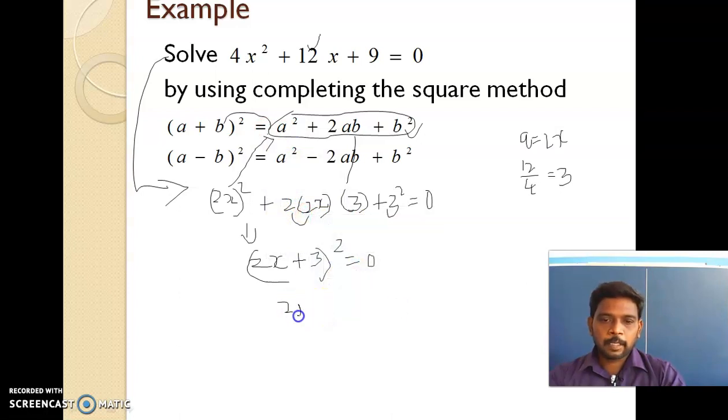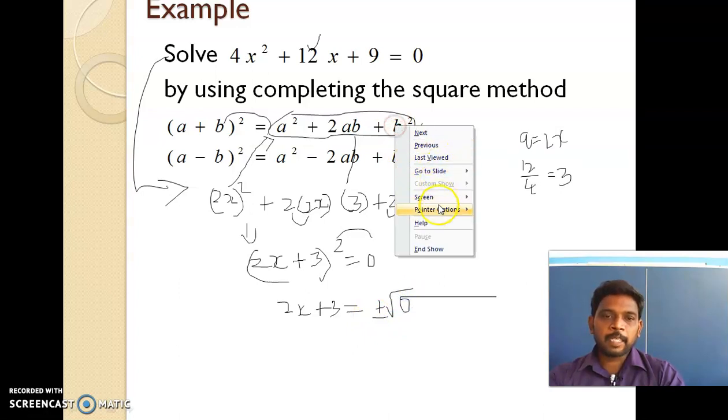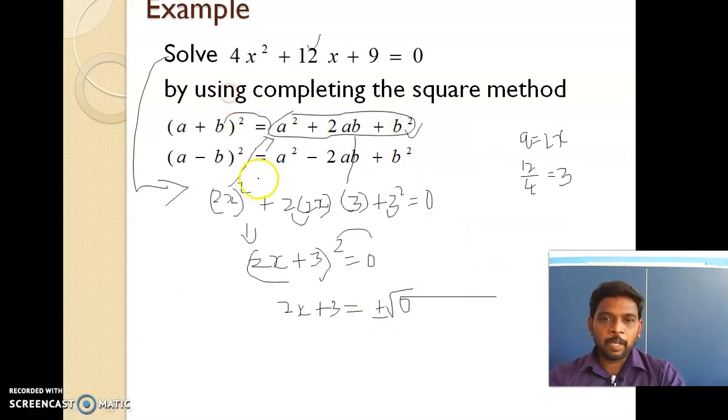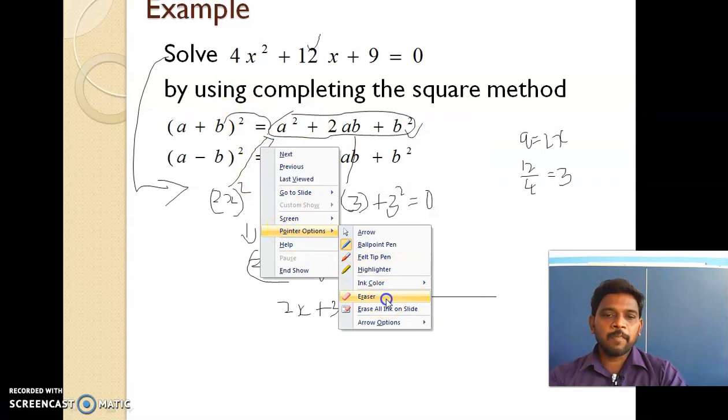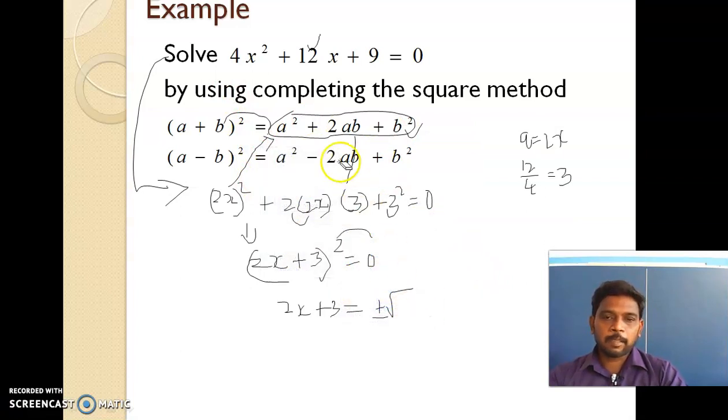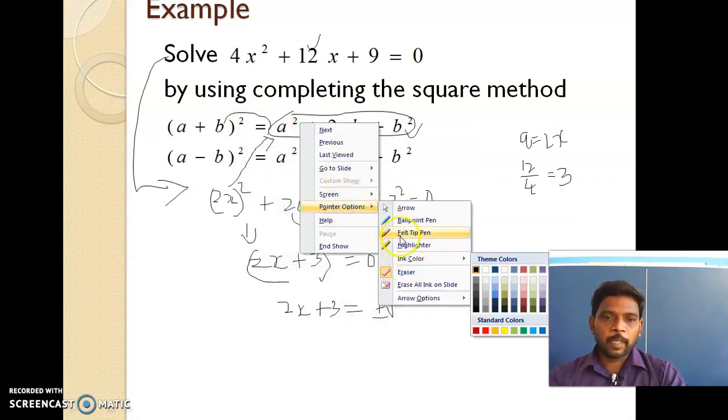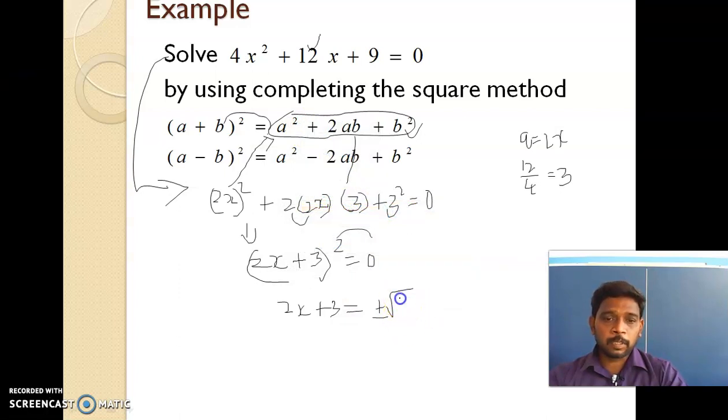So 2x plus 3 and transpose the square into right hand side. So when we transpose square into right hand side, it will become square root, that is plus or minus square root of 0. So when we transpose square to the right hand side, we should always write the right hand side with the plus or minus format only, okay, because it contains two zeros, that's why.